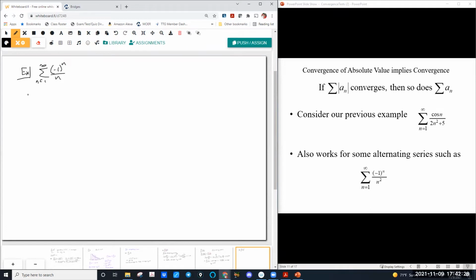But if we were to take the absolute values, the absolute value of -1 to the n over n squared, excuse me, that should be squared because I'm doing this example here. Sorry about that. Well, this is exactly equal to 1 over n squared from n equals 1 to infinity.